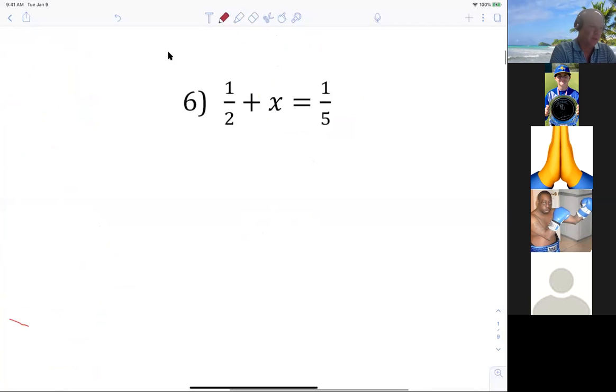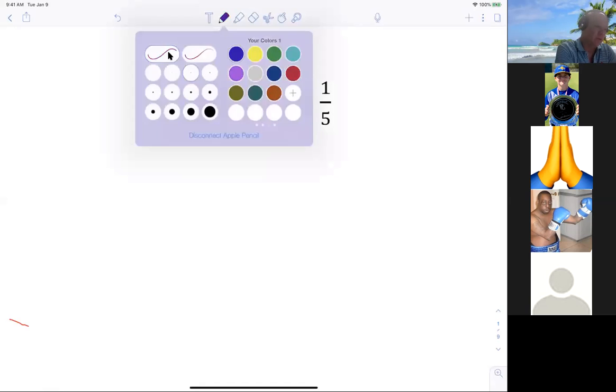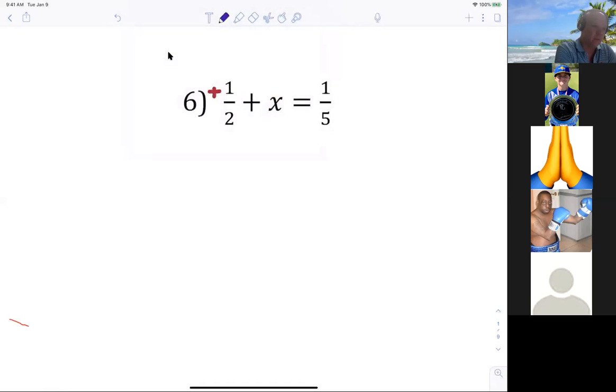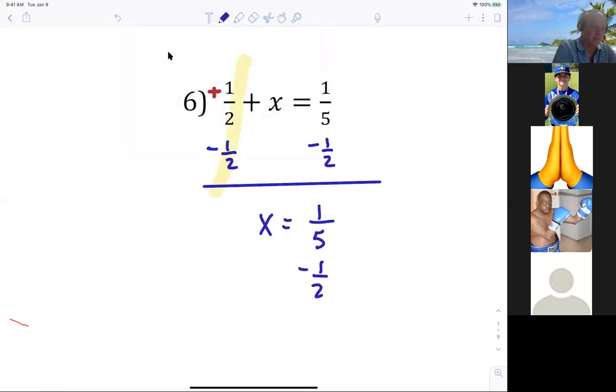Next. Now we have a fraction. We're going to work through fractions and decimals. So again, speak up if you forgot how to do the fraction. Don't forget this is a plus 1/2. So to undo a plus 1/2, we're going to subtract 1/2. Now these cancel. So x equals 1/5 minus 1/2.